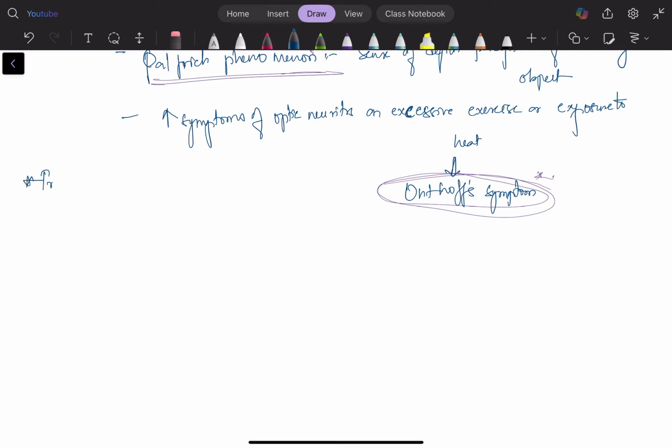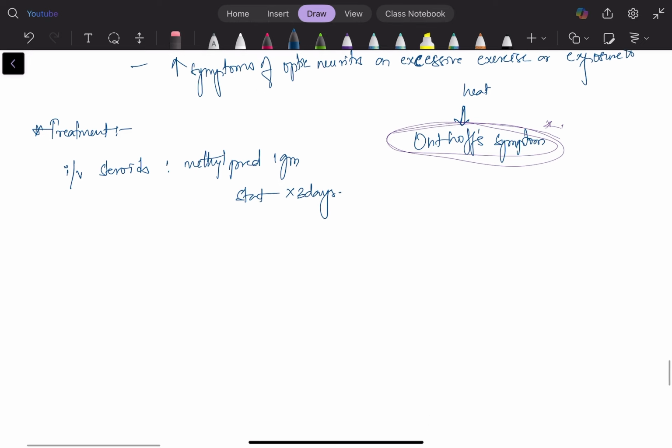So we diagnosed, we know the clinical features, and at last we have to treat. So for treatment, we give IV steroids, preferably methylprednisolone 1 gram stat dose for 3 days. Those who are watching for end postings, stat means at that point we give one dose of the preferred dosage.